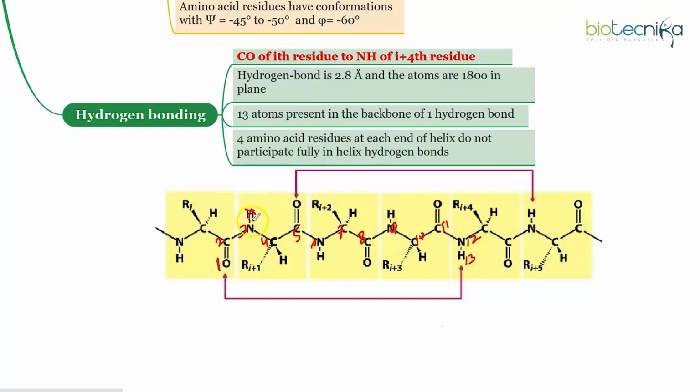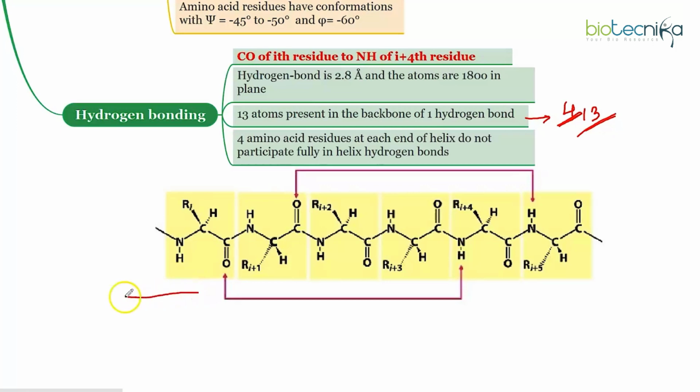So you can see, ignoring the non-bonding atoms over here, only in the backbone, if you start from the CO group of I plus 1 and then continue till the NH group of I plus 4, you are getting a total of 13 atoms. This is also a very important piece of information, because of which alpha helix is also called 4.13. That means the spacing of the hydrogen bond is 4 amino acid residues apart, and in one backbone of hydrogen bond there will be 13 atoms present.